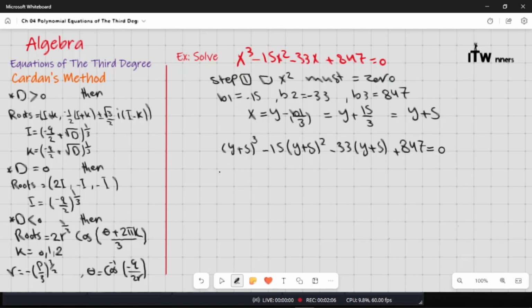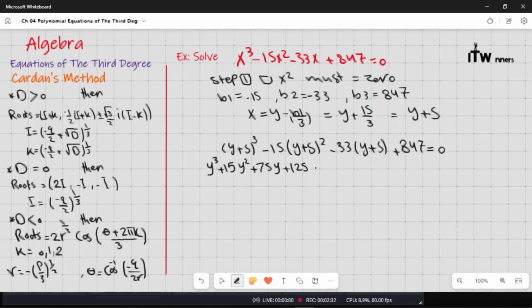So we have y cubed plus 15y squared plus 75y plus 125.